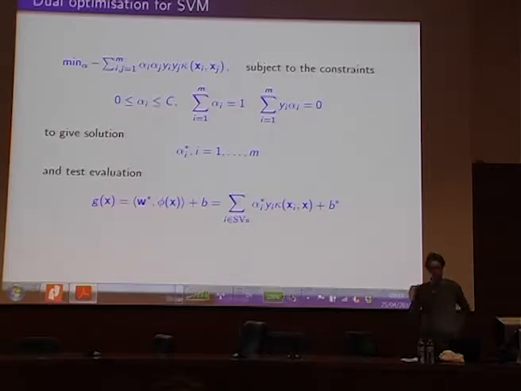But for modest sizes of training data, that is fine. Alpha i star, a small subset is non-zero, and you use that to evaluate your test point. So the test evaluation is now just a sum over the so-called support vectors of this weight times the label times this kernel evaluation of the test point with the corresponding training point, plus this offset.